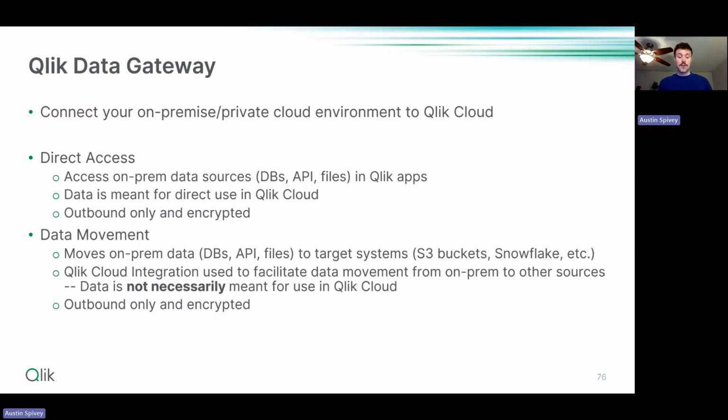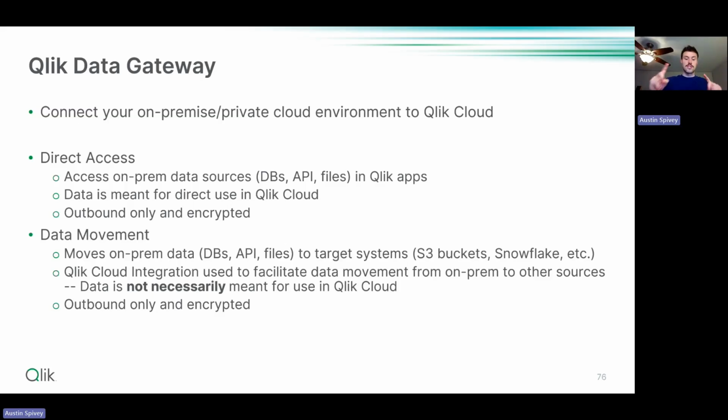So your target system may not be Qlik Cloud, right? Basically, this is a way for Qlik Cloud to be your command center to define, okay, I have data that lives here on-prem, and then I have a target system, whether that's on-prem or not. That could be S3 buckets, Snowflake, Databricks, what have you. Your data is not necessarily going to go through Qlik Cloud.